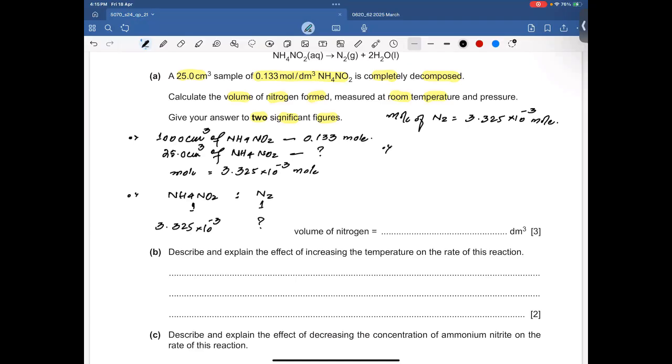Now in the last part, we need to find the volume of nitrogen gas, and the answer has to be in dm cube, which means I need to multiply the moles by the molar volume. So volume of nitrogen is 3.325 into 10 to the power minus 3 into 24, so it's going to be 0.0798.